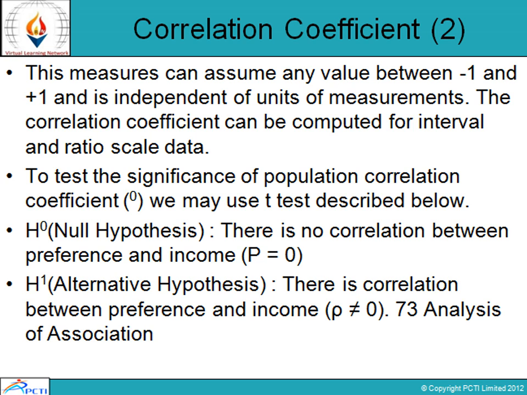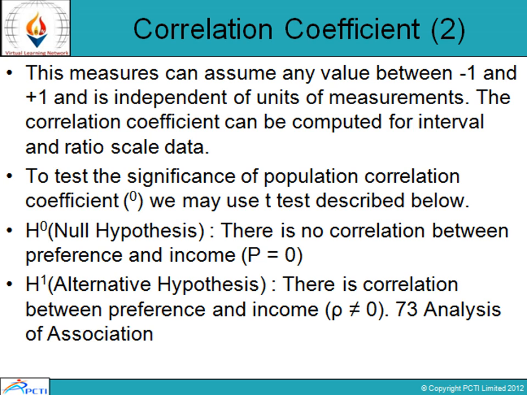This also assumes any value between -1 and 1, and therefore it is independent of the units of measurement. The correlation coefficient can be computed for interval and ratio scale data as well.